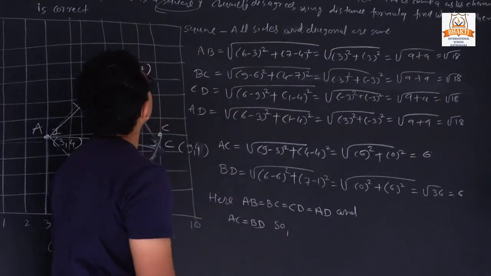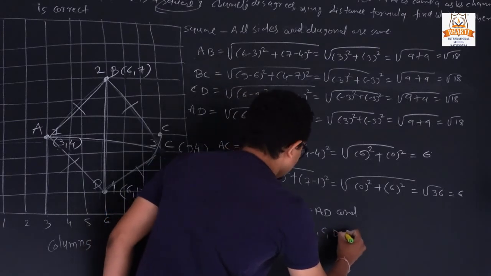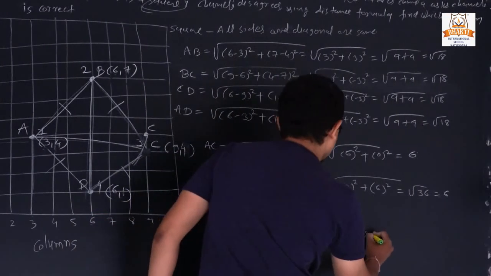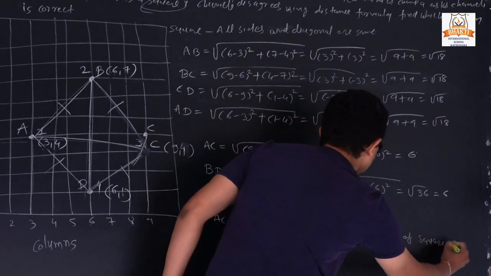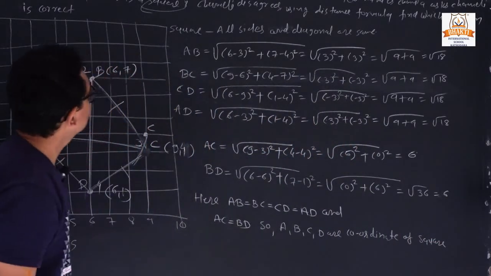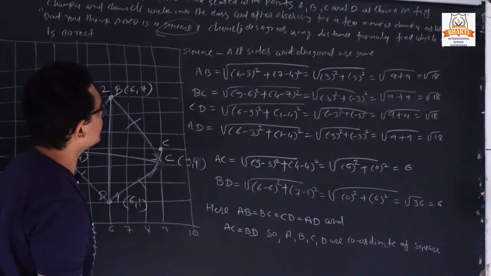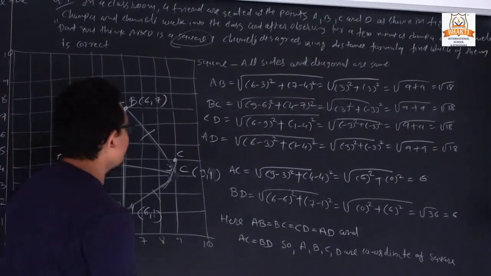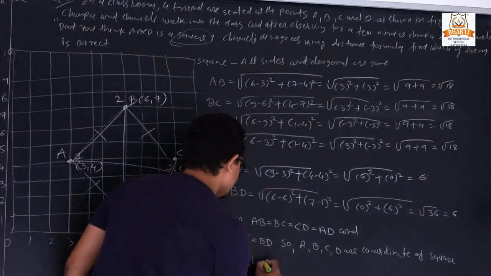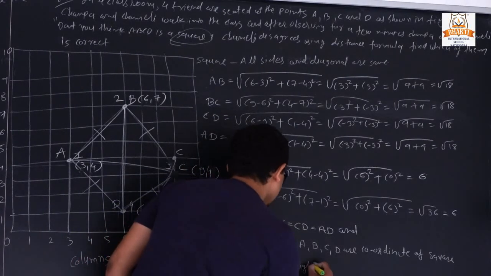So ABCD are the coordinates of a square. Clear? So it means what? Which one is correct? Champa or Chameli? Chameli disagrees. So it means Champa is right.